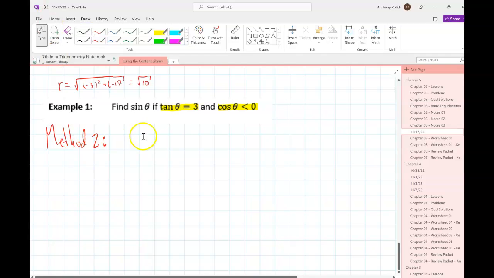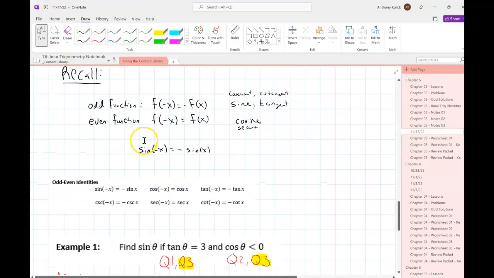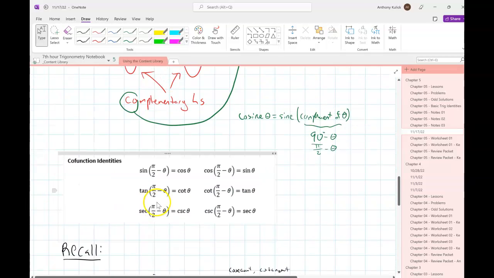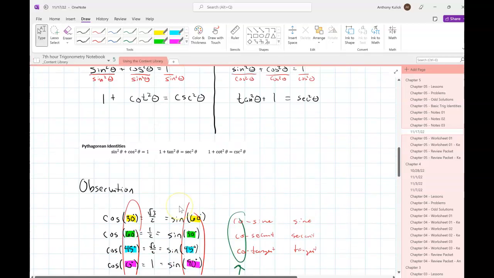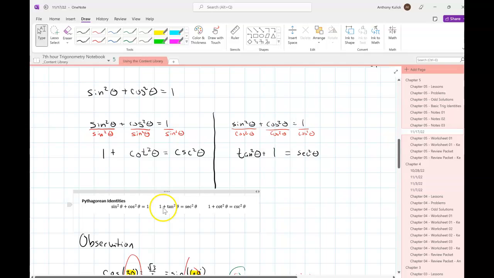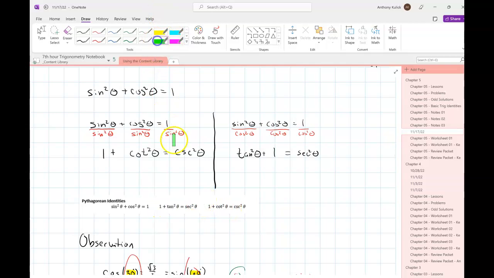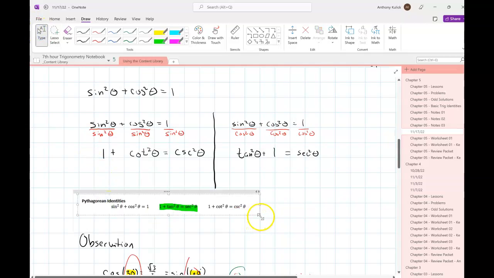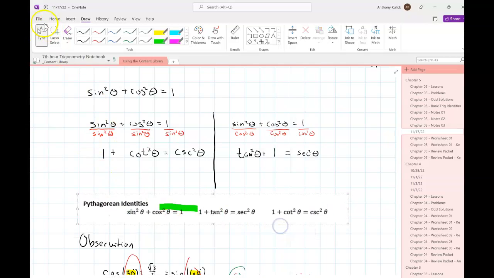So, okay, let's go back through our identities. Let's see, tangent and cosine, nothing there. Tangent and cosine, nothing there. But this is pretty close.